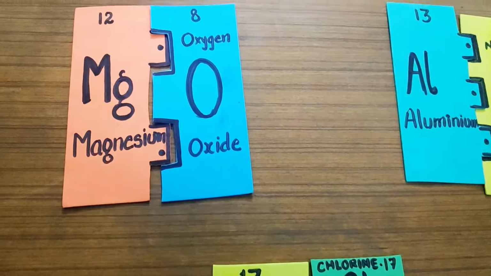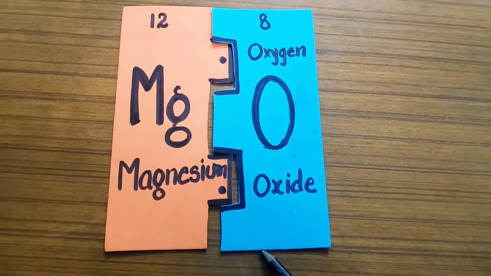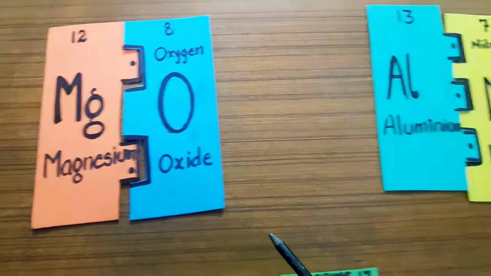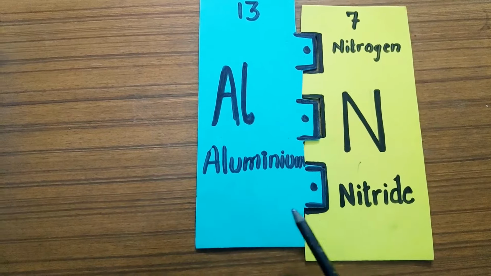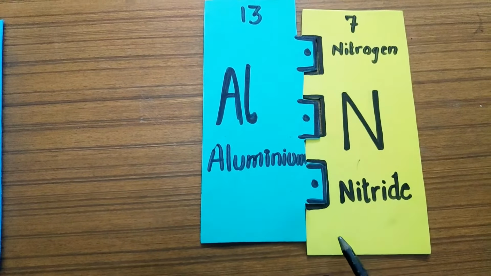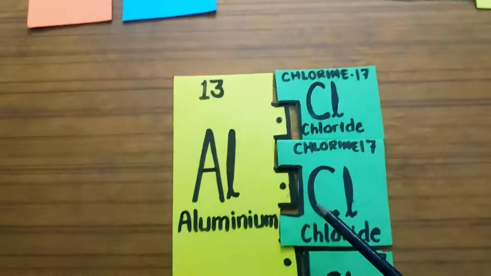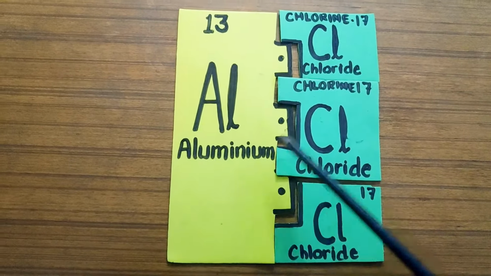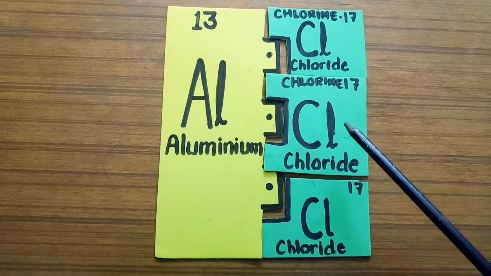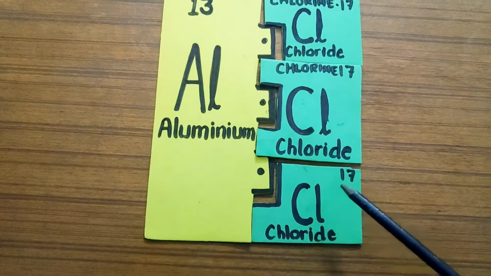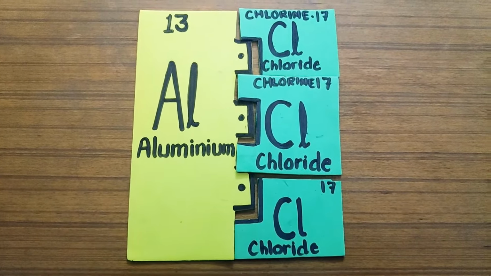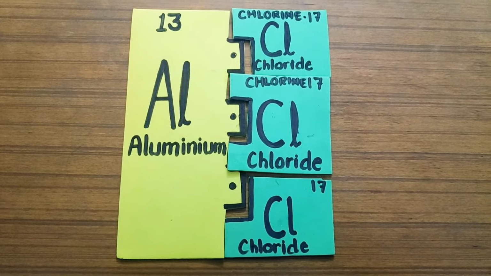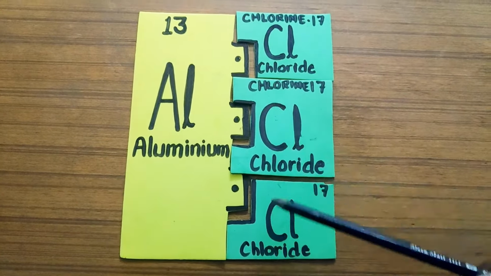So various combinations are possible, like the formula of magnesium oxide we can obtain like this, and aluminium nitride, having both cards of three arms, we can join them in this manner. A card having three arms combines with another card having one arm, so in this way we can join them to get the formula of aluminium chloride as AlCl3, as three cards of chlorine are used here.